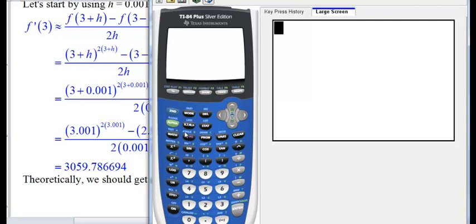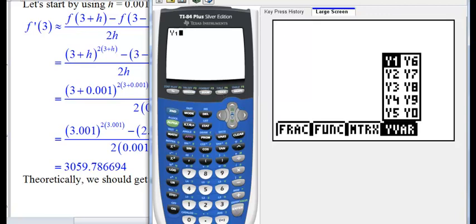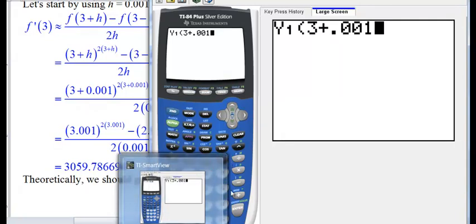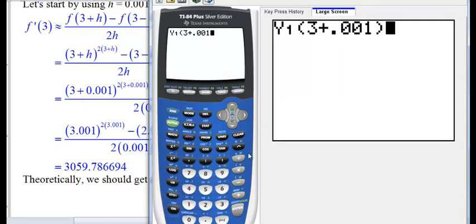Okay, now, let's get back to our particular one. We want to do y1 of 3 plus h, which is 0.001, parentheses, oops, I forgot I need parentheses around the whole numerator, right? Let's go back and put that in. So I need to insert an open parentheses at the beginning.